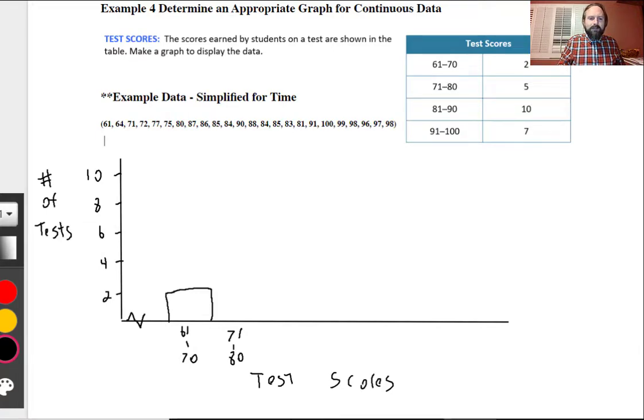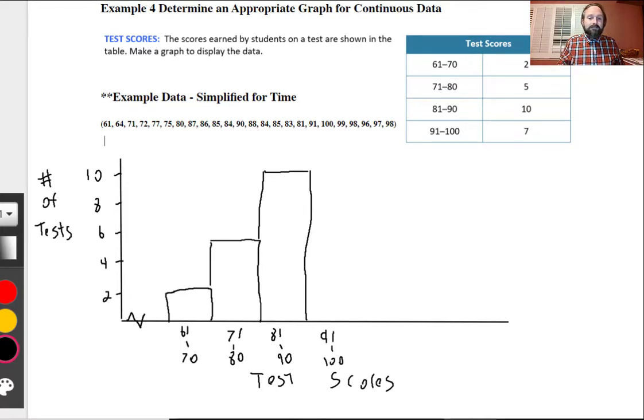It's going to go halfway in between and connect it. 81 to 90 is going to be 10, so right there. If I had the graph, and I probably should have made this on graph paper, that would be right there, 81 to 90. And finally, 91 to 100 is 7. So right there and there.